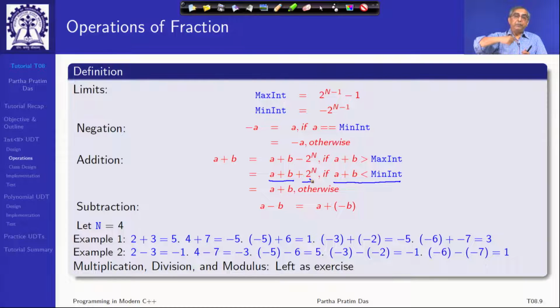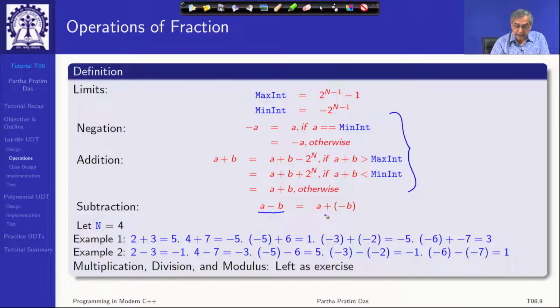So, you jump up by a gap of 2 to the power n. That is simple logic. And when the addition result is within the range, you will not have to do any changes. So, these are the specific rules of the operation int n that you will have to follow.